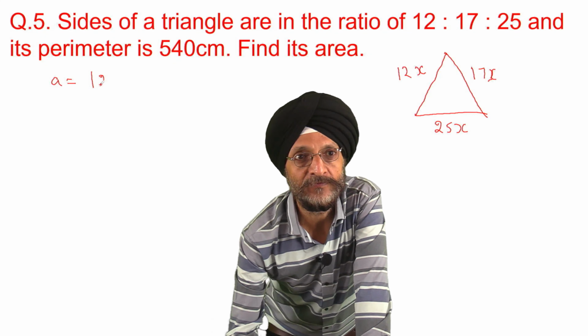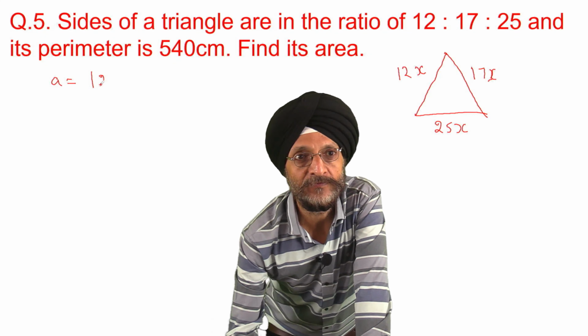So if we fill in the values, perimeter is 540. What is the value of A? It is 12x, which we have presumed. Value of B 17x, value of C 25x. If we total all these three sides, then it will become 54x.